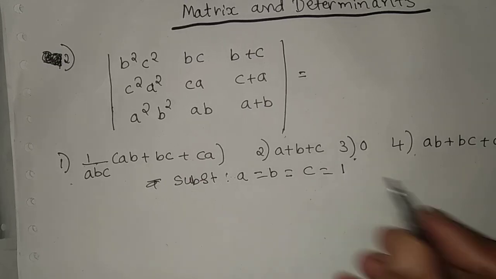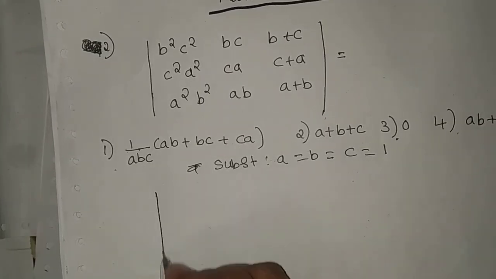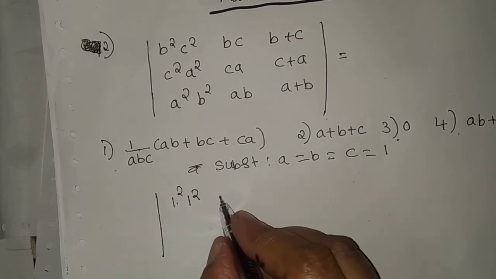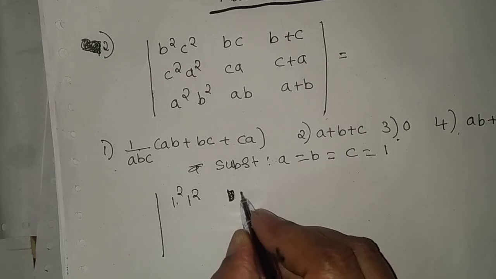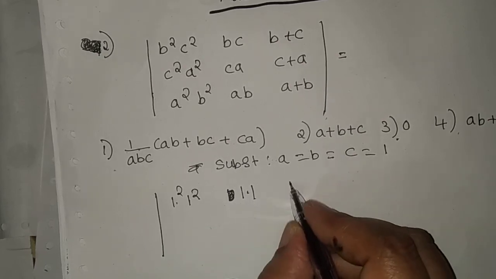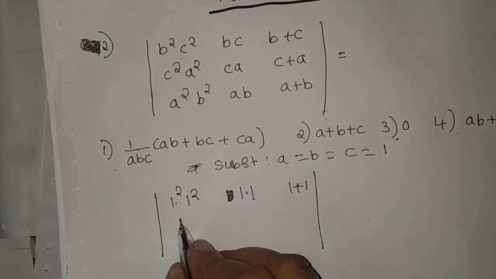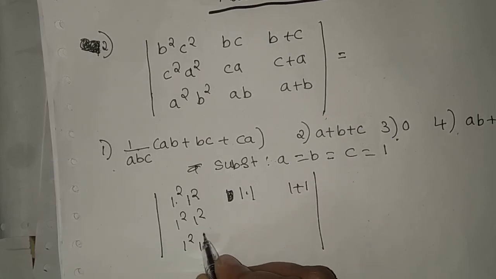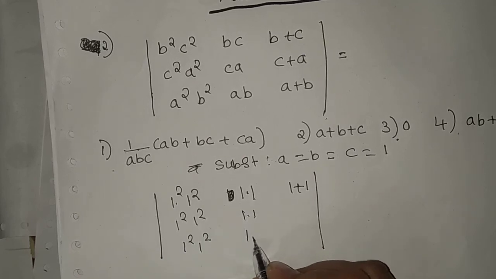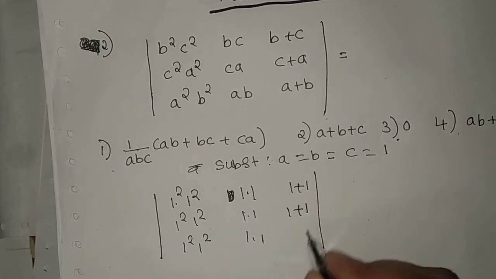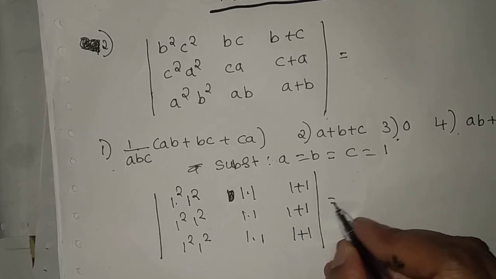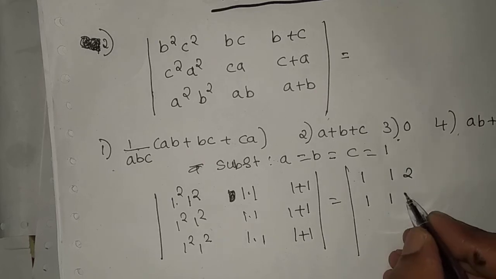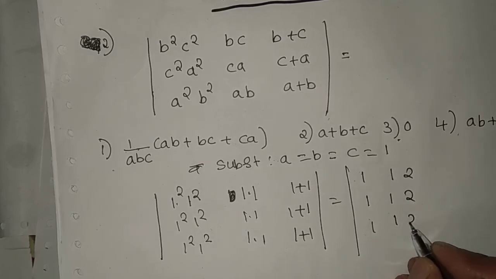So what happens, we have to substitute here, that is this becomes 1 square, 1 square, then this is 1 into 1, this one is 1 plus 1. Again 1 square, here also 1 square, 1 into 1, 1 into 1, 1 plus 1, 1 plus 1. Now this becomes 1 1 2, 1 1 2, 1 1 2.